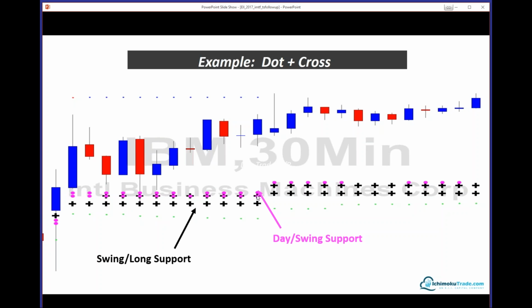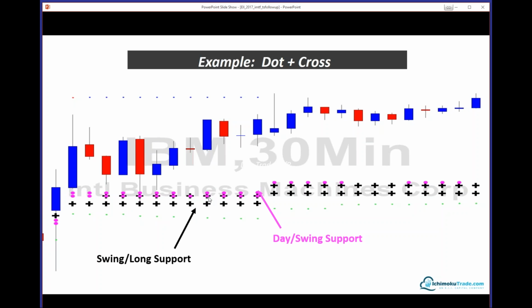levels. Okay, now in this example you have two crosses, so believe it or not, there are two swing long-term IMTF levels very close to each other, but there are two of them on the same bar. So the one you choose to look at as a major institutional support is the one where the dot is at, because that's where all the day traders, swing traders, and long-term were thinking the same way.